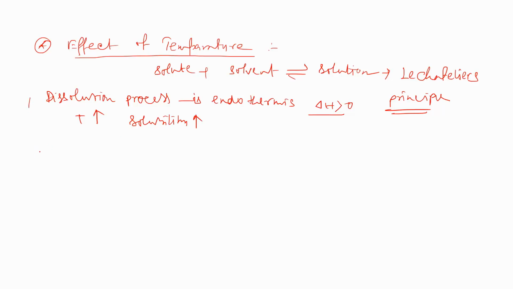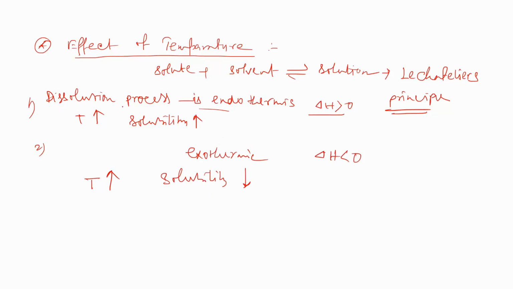But when this process is exothermic, that means delta H is less than 0, if I increase the temperature, then solubility will decrease.